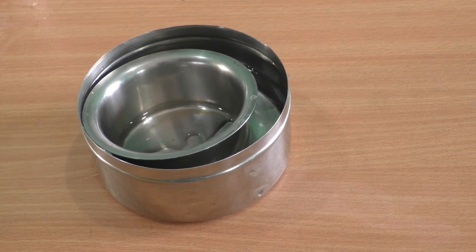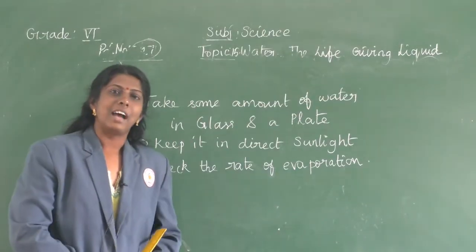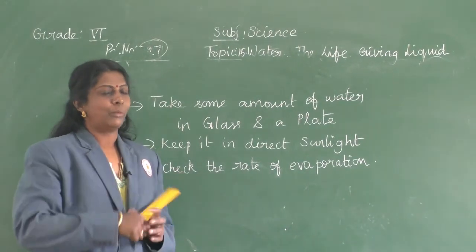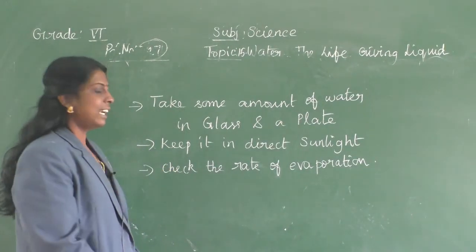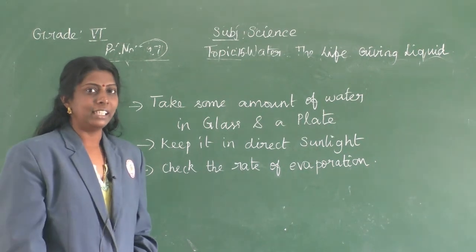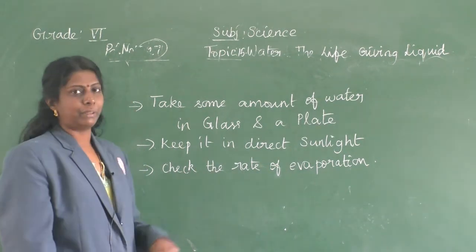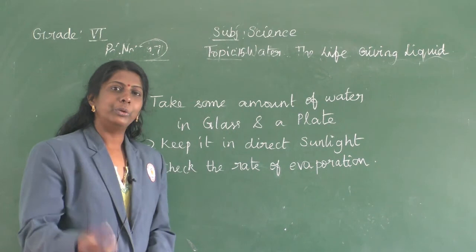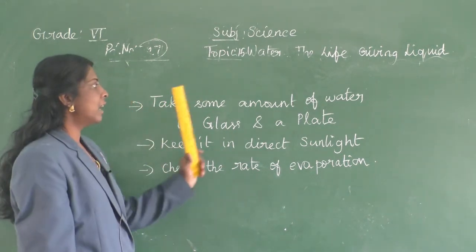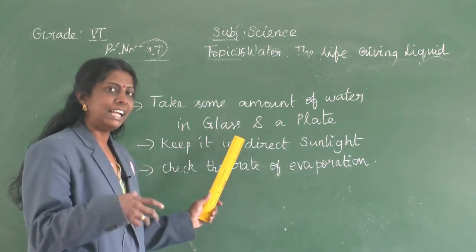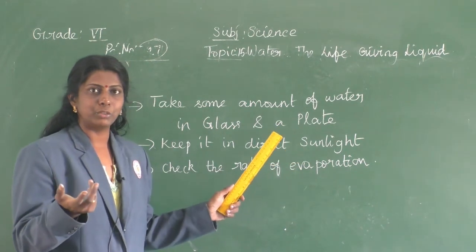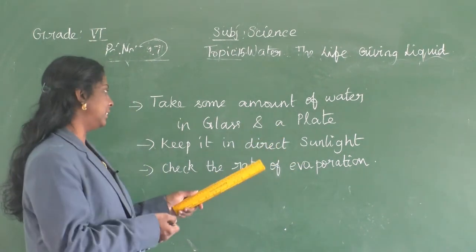Clear children? Yes. Now children, for you all an activity. What is the activity about? You are going to check the rate of evaporation. What you are going to do? Take some amount of water in a glass and a plate.